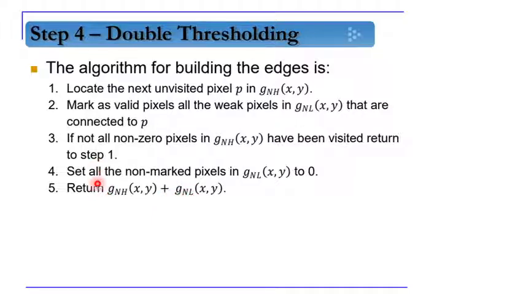The higher threshold image already contained the edge pixels, and from gNL(x,y) we found a few pixels which are connected to the edge pixels and are edge points. Finally, appending all the non-zero values in gNL(x,y) into gNH(x,y) gives me the final edge points.